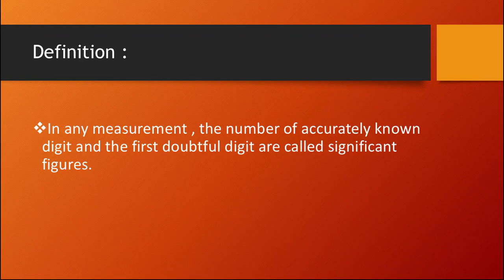In any measurement, the accurately known digits and the first doubtful digit are called significant figures. Or we can also say that the digits with certainty and the first uncertain digit are called significant figures. Doubtful or uncertain digits are those that come after the decimal point.